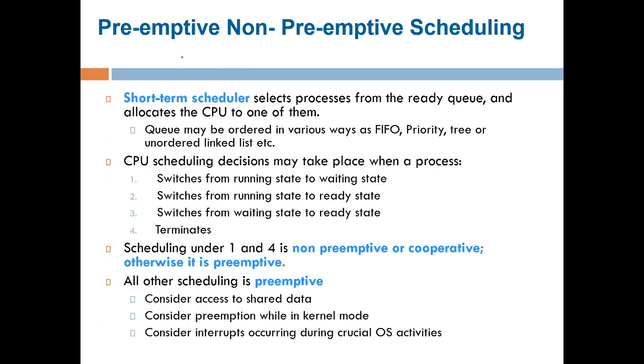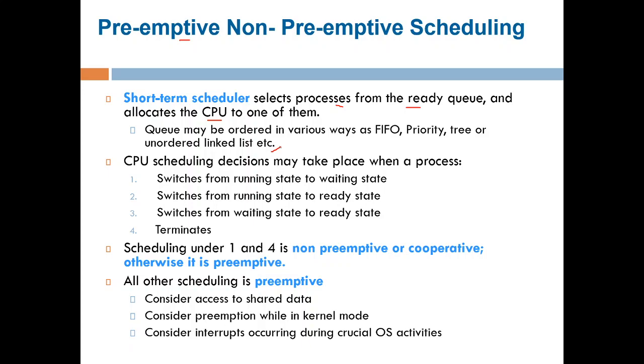So let us discuss preemptive and non-preemptive scheduling. Short-term schedulers select a process from the ready queue and allocate the CPU to one of them for execution. The queue may be ordered in various ways: first come first serve (FIFO), priority, trees, or an unordered linked list, and so on.